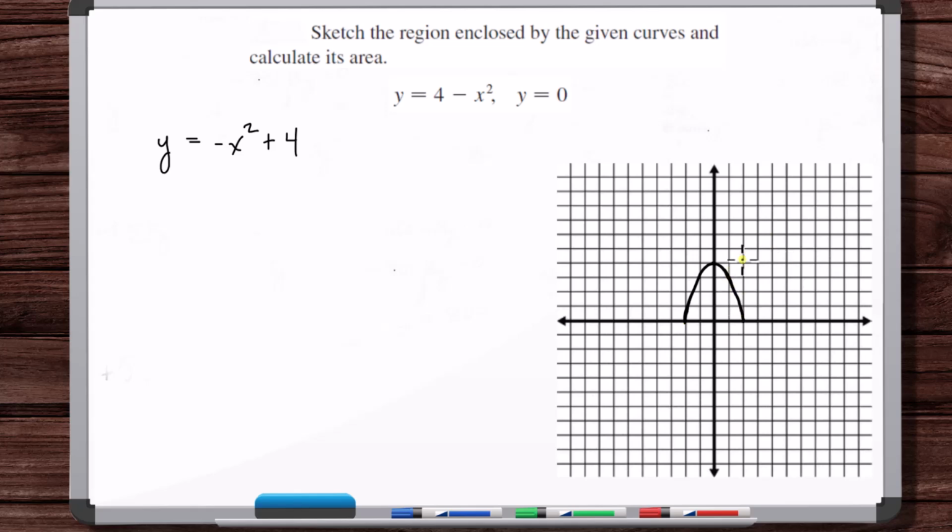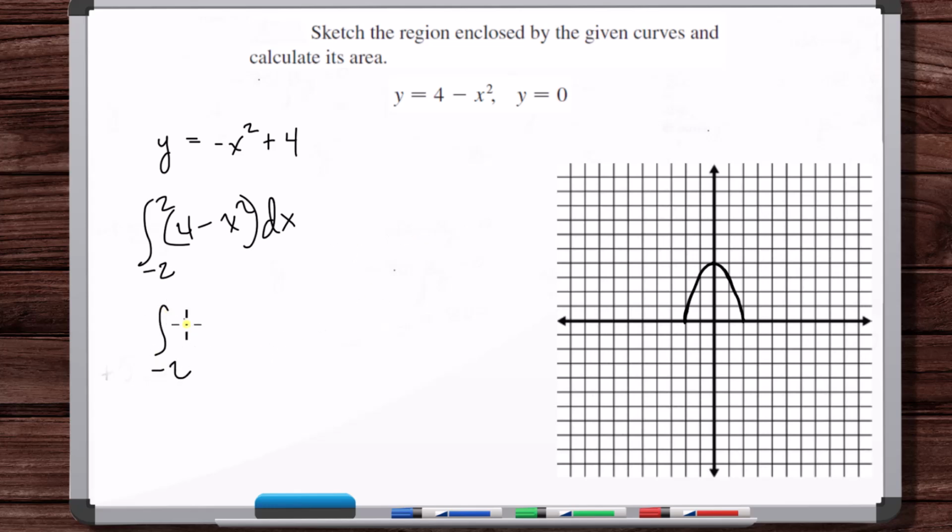Like that. So they want this area here. They're looking for this. Okay, so what is that area? The area between the curve and y is equal to 0. That's going to be, you go from minus 2 to 2, 4 minus x squared dx. That's it.